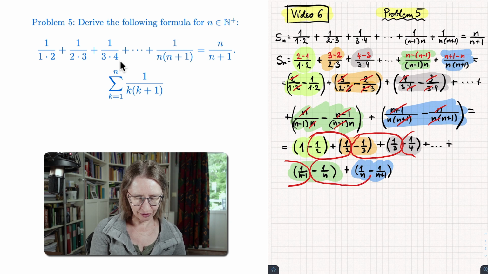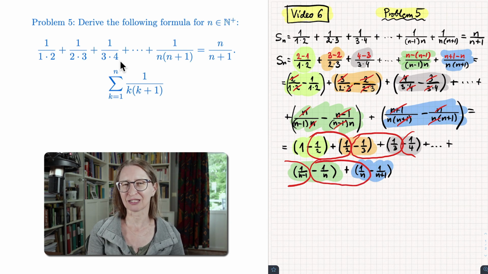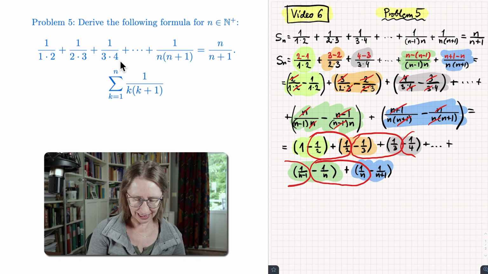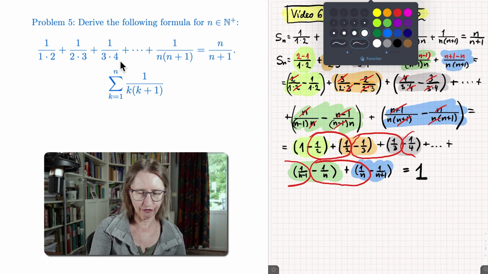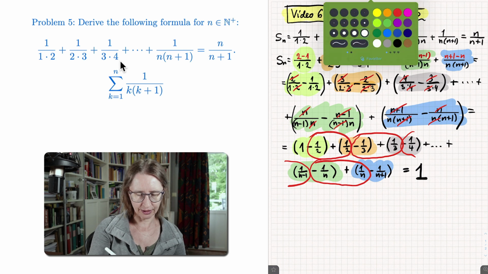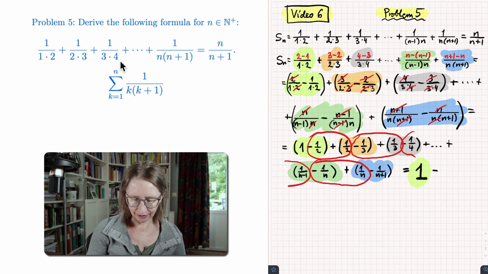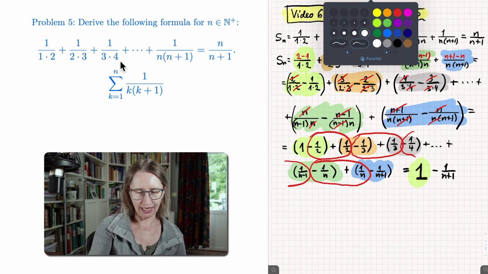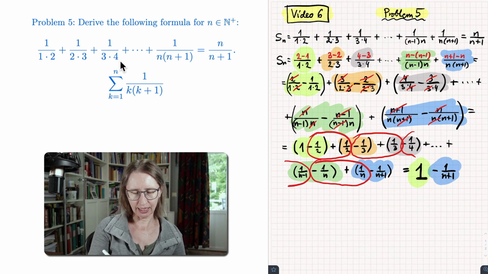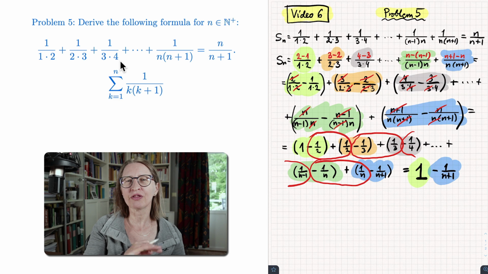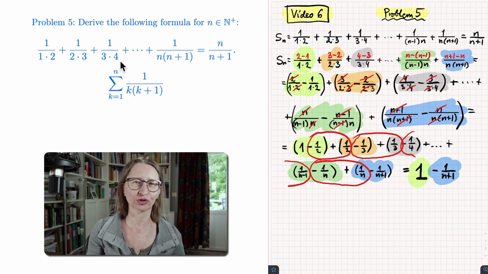Minus 1/n cancels out with plus 1/n. And the only thing which is left here is the very first one from the first green parentheses, and negative 1 divided by n plus 1 from the last one in blue. That's all. All the rest cancelled out.